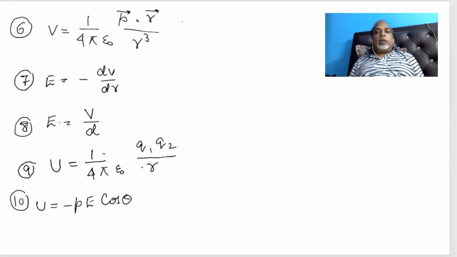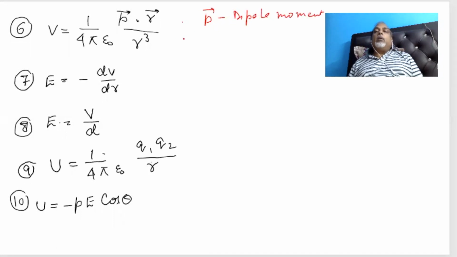Now let us see serial number 6. This is V is equal to P dot R vectorially divided by 4 pi epsilon 0 R cube. This is basically electric potential at a point due to a dipole. Wherever this P comes, this is dipole moment. Now, suppose you have a dipole.